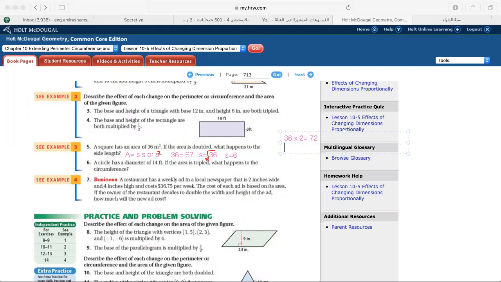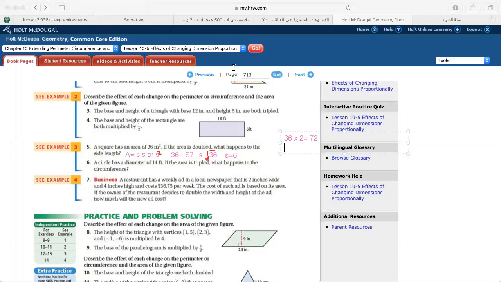We are talking about the square. Here I don't have a perfect square that will give me 72. So what I'm going to do is break 72 into two numbers, one of which is a perfect square.